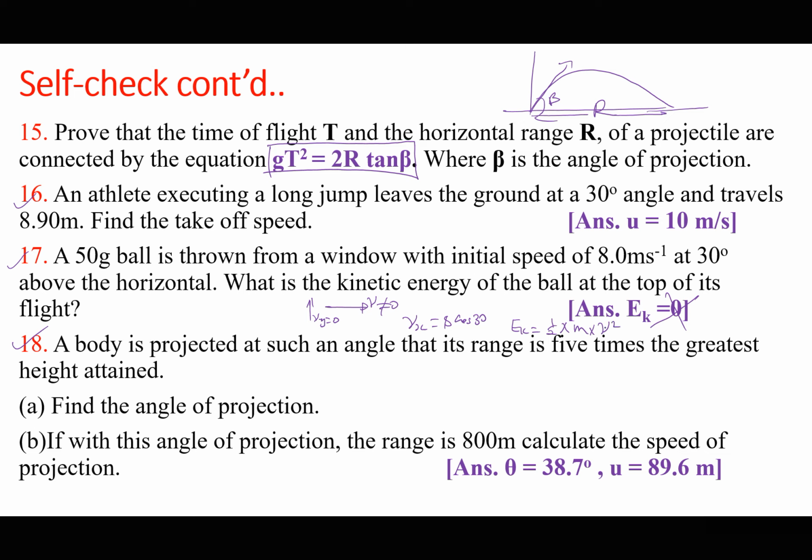Let me substitute: the mass is 50 grams, which is 50 times 10 to the power of minus 3 kilograms. So 0.5 times 50 times 10 to the minus 3 times (8 cos 30) squared, because V is squared.